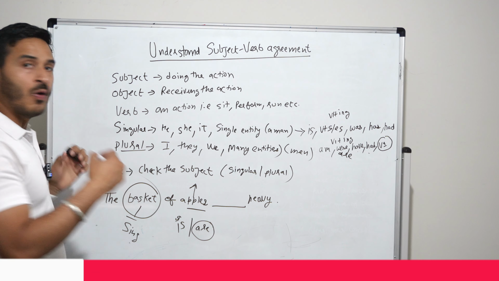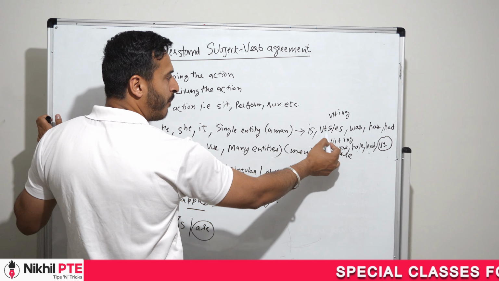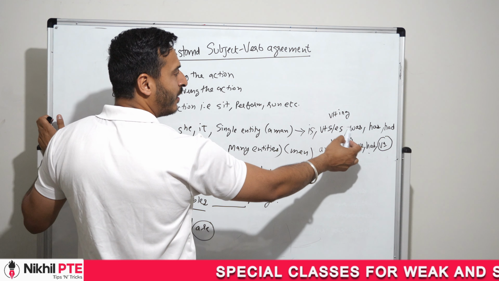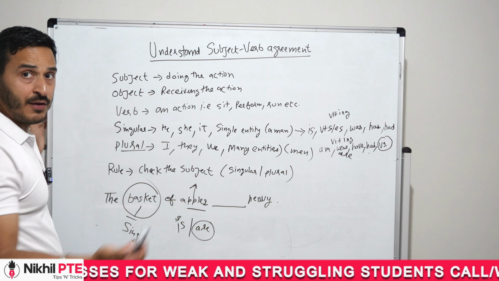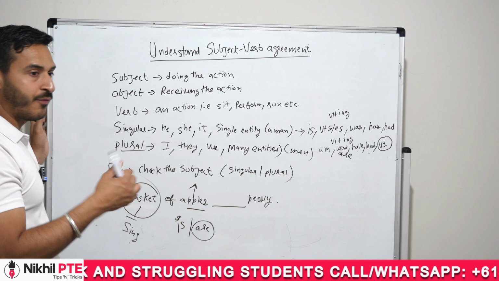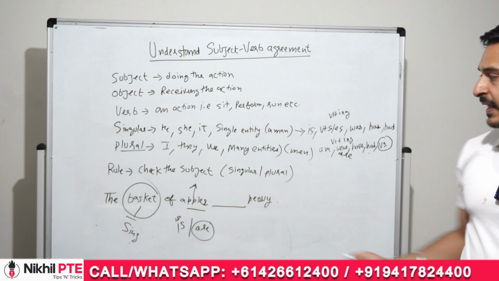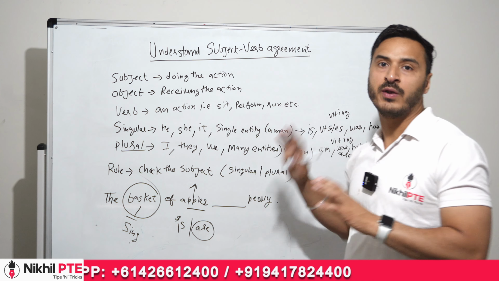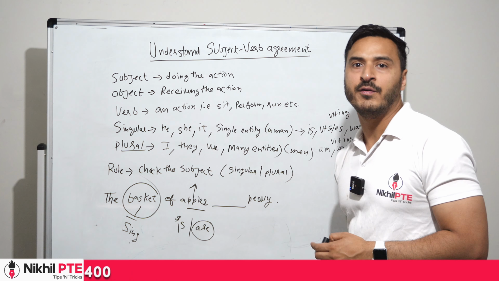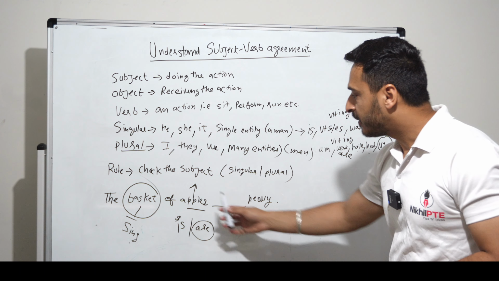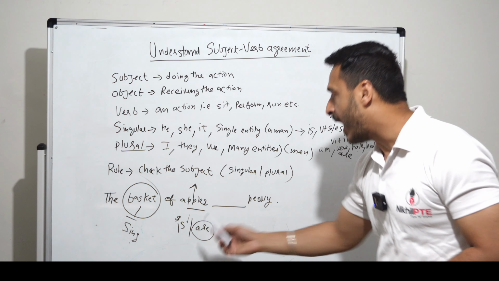With singular, what can we use? We can use is, verb plus s or es, was, has, had, plus ing if required. If there is already a helping verb in the sentence, then you can use s or es, right? No problem, I will explain tenses in other videos as well. So here the right answer is is, not are.